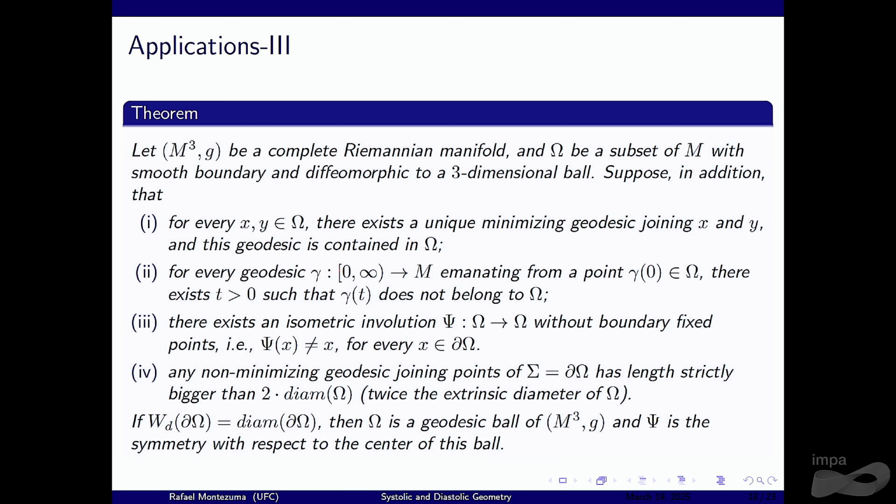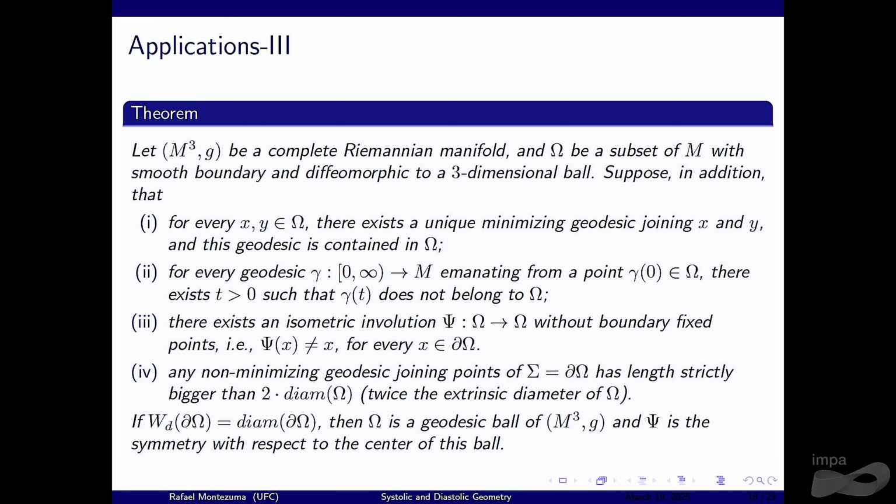So we have here some conditions. You can think that we have many hypotheses, but actually three of those. Hypothesis 3 is asking for the symmetry, but 1, 2, and 4 all hold locally.